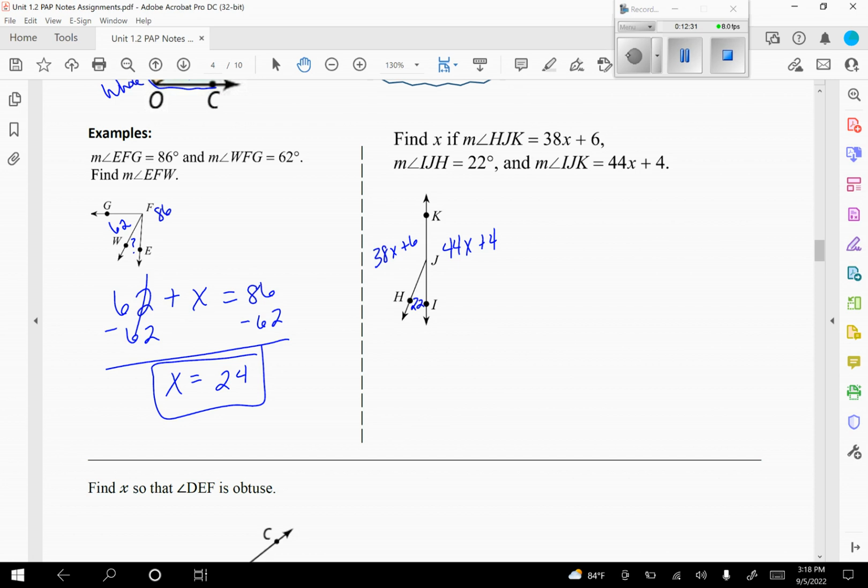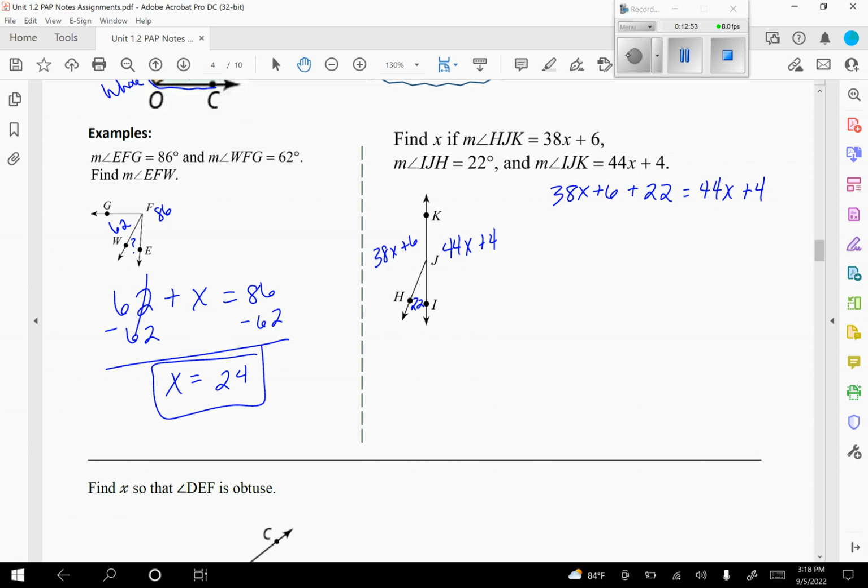So we have to go with what the math tells us. What we do know is that this larger piece plus this smaller piece equal up to the whole total thing here. So 38x plus 6 plus the 22 is equal to this 44x plus 4.